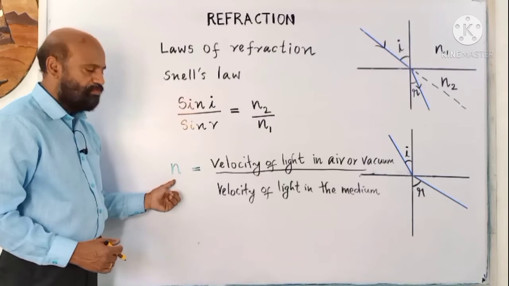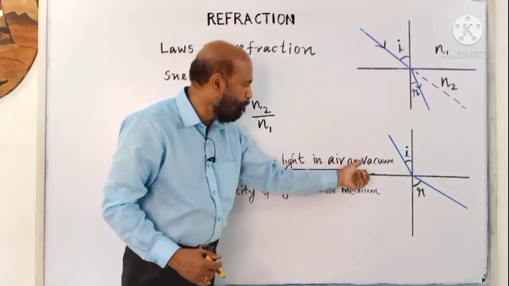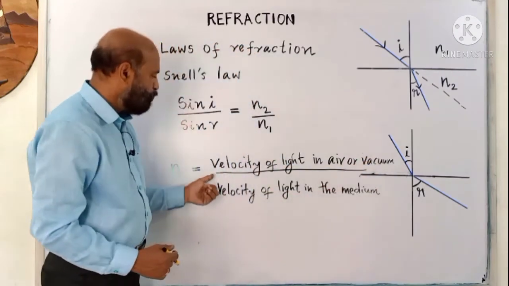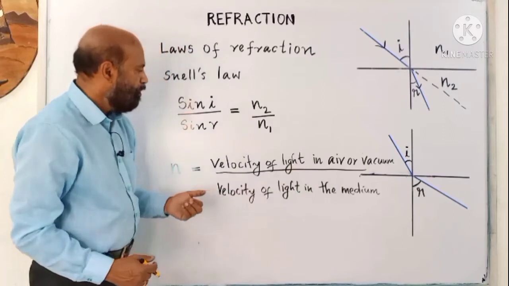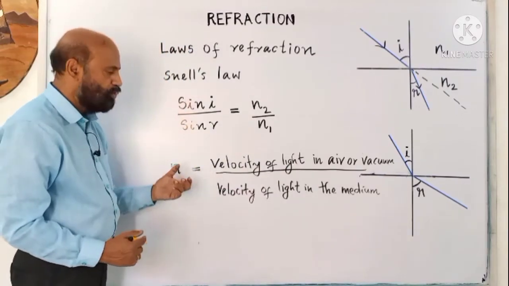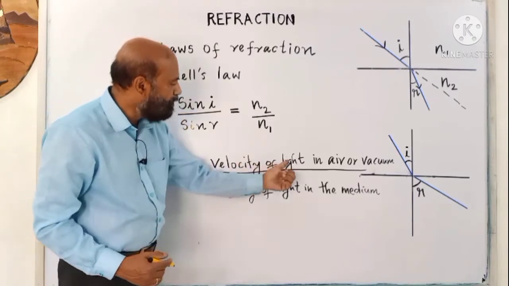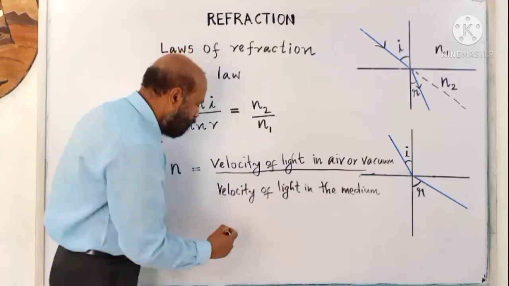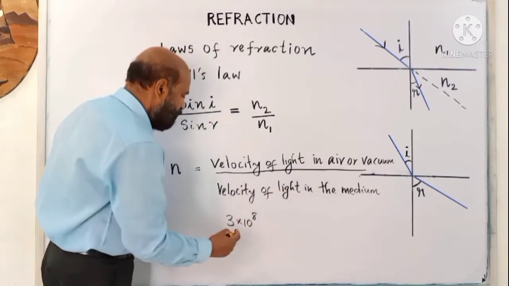Refractive index is the ratio of the velocity of light in air or vacuum to the velocity of light in the medium. For example, the refractive index of glass. Velocity of light in air or vacuum is 3 into 10 raised to 8.